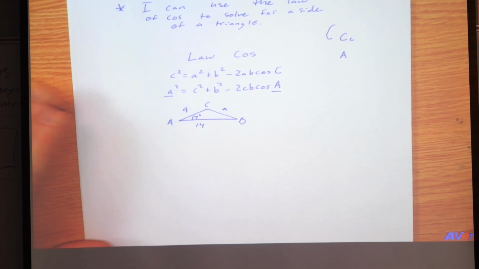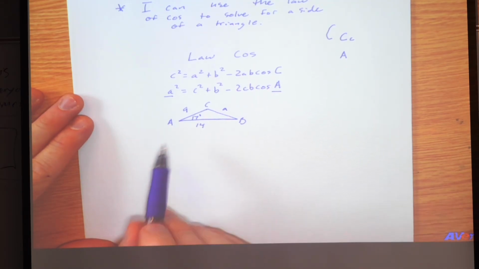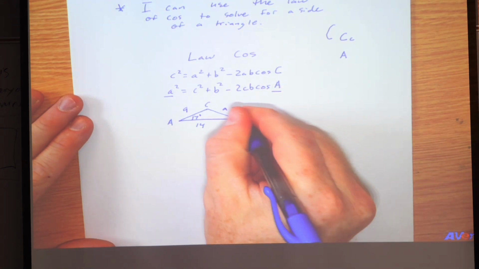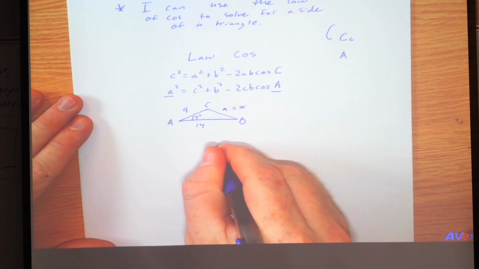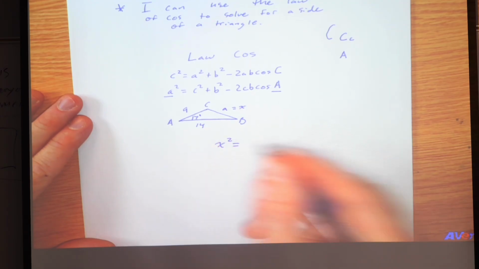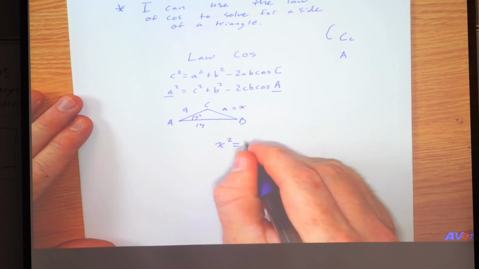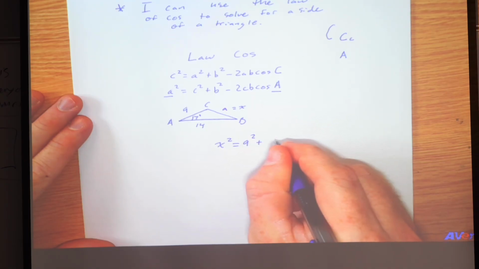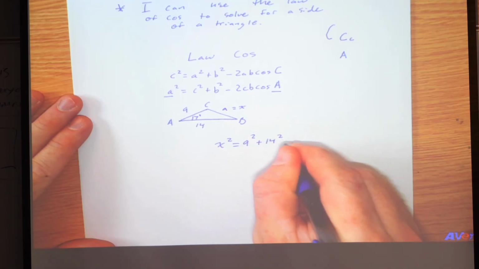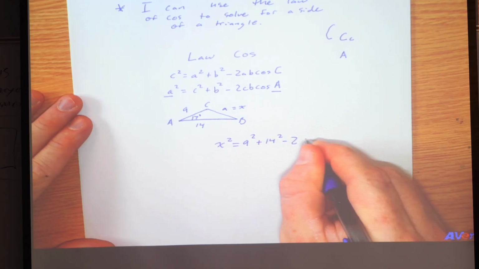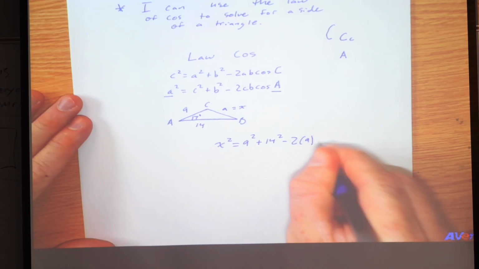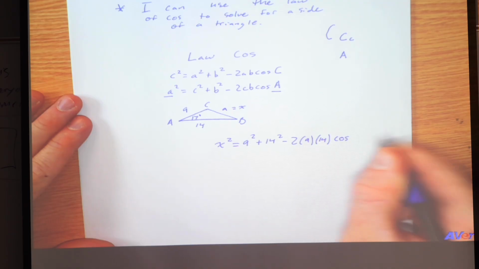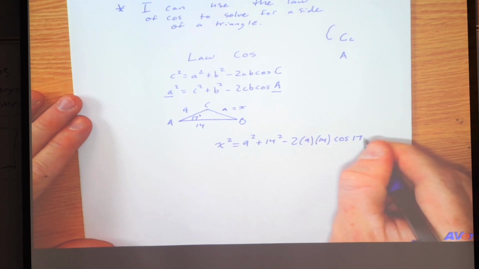So here we go. If we set this up, we're going to say this side is our x, so x squared is going to equal 9 squared plus 14 squared minus 2 times 9 times 14 times the cosine of 17 degrees.